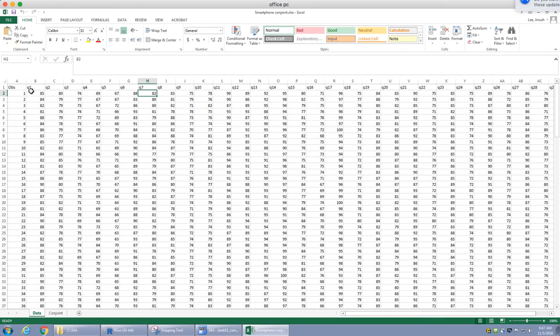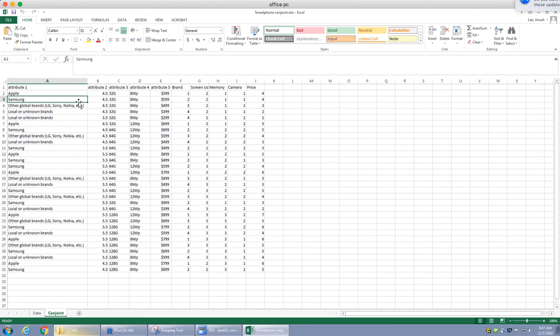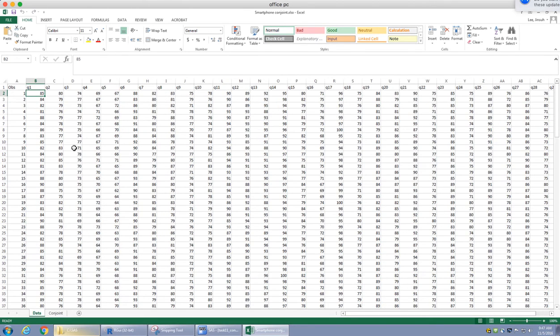So for this example, the first person gave the first combination a point of 88, which means that if this consumer were to buy an Apple smartphone that is 4.5 inch, 32 gigs, and 8 megapixels at $599, he's going to rate that as 88.